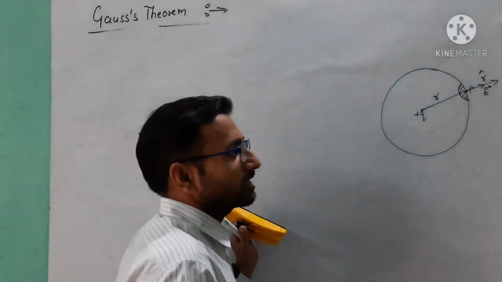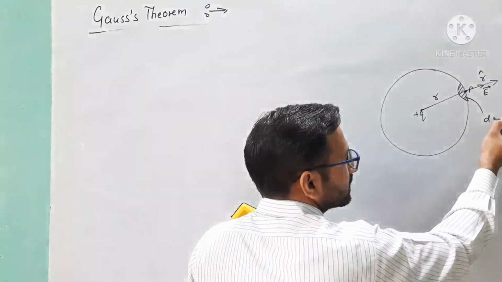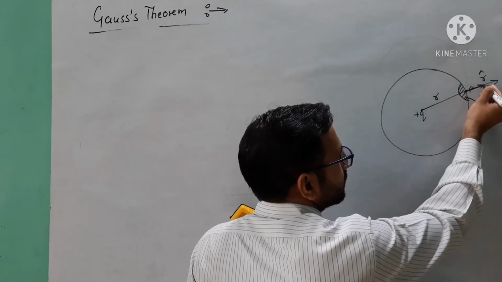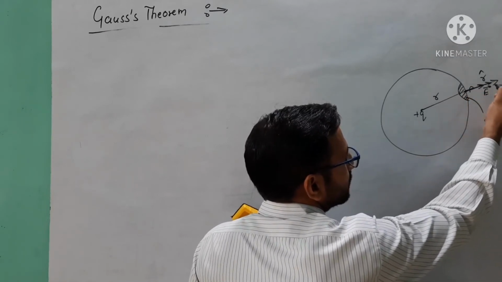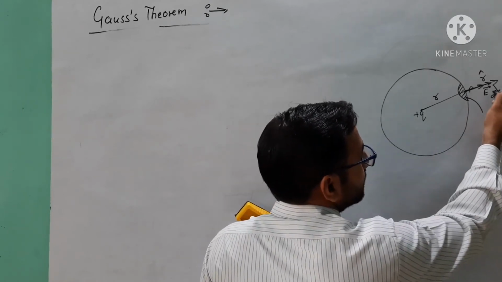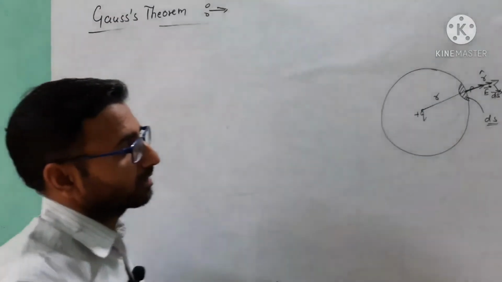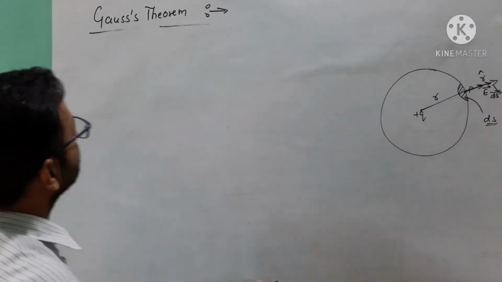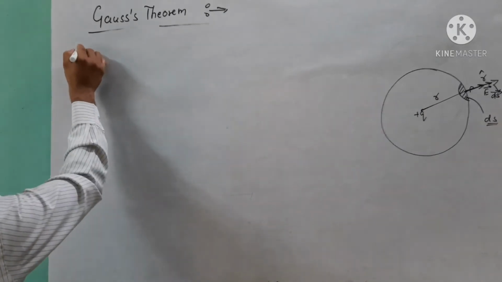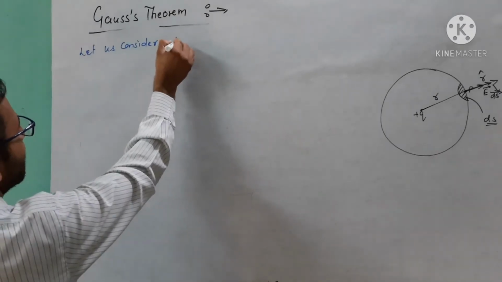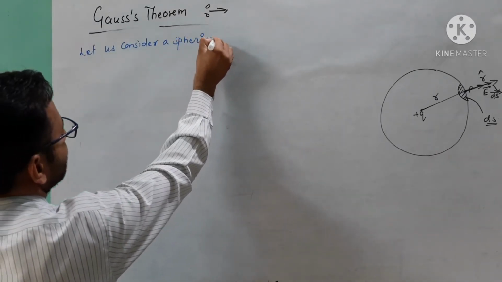Got it? And as we are considering an elementary surface dS, I will show you the direction of the area vector, which is dS vector also. So let us complete the statement which I will write here.